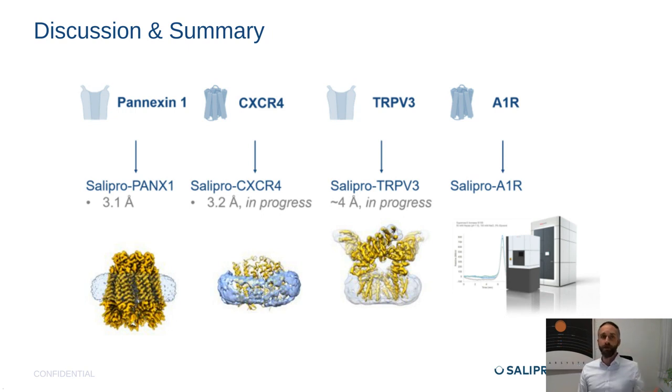Looking at the structures that we have so far, we have Pannexin, and there are already a couple of cryo-EM structures out there. We have TRP-B, and there are also a couple of cryo-EM structures out there. And then we have CXCR4. For CXCR4, there are crystal structures which are engineered with thermostabilization mutations or some inserts, and they come with a ligand, and all of those CXCR4 structures were obtained from detergent-extracted membrane protein.